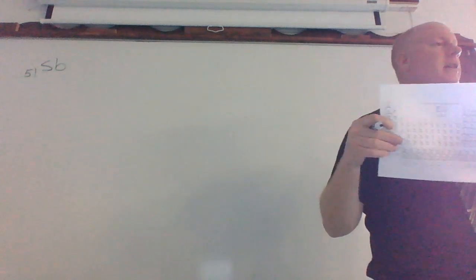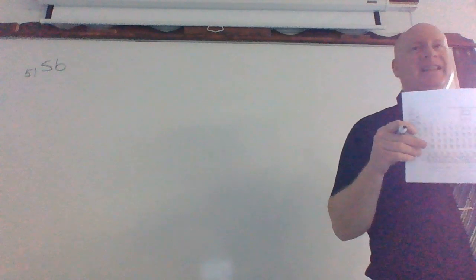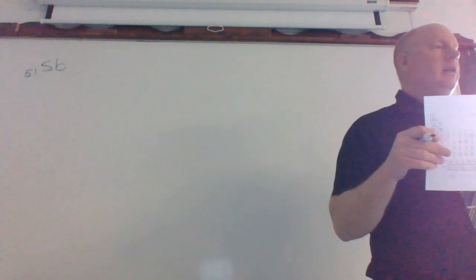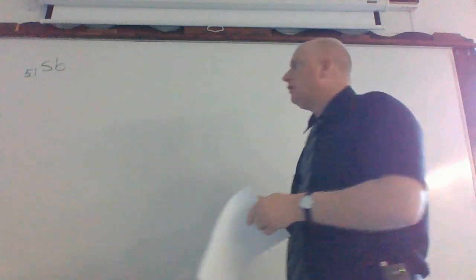A P block, you can make certain predictions on what you should see. So, if that is the case, which it is, how many energy levels should there be? I mean, where does antimony fall? Which period?